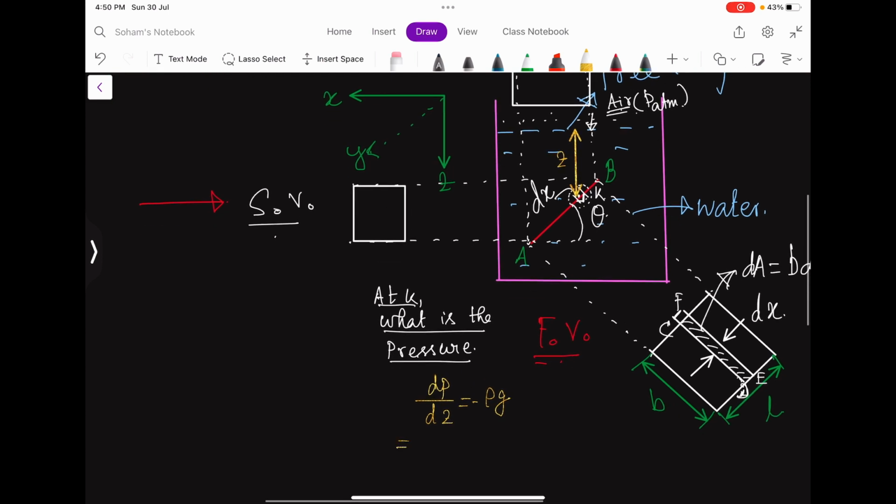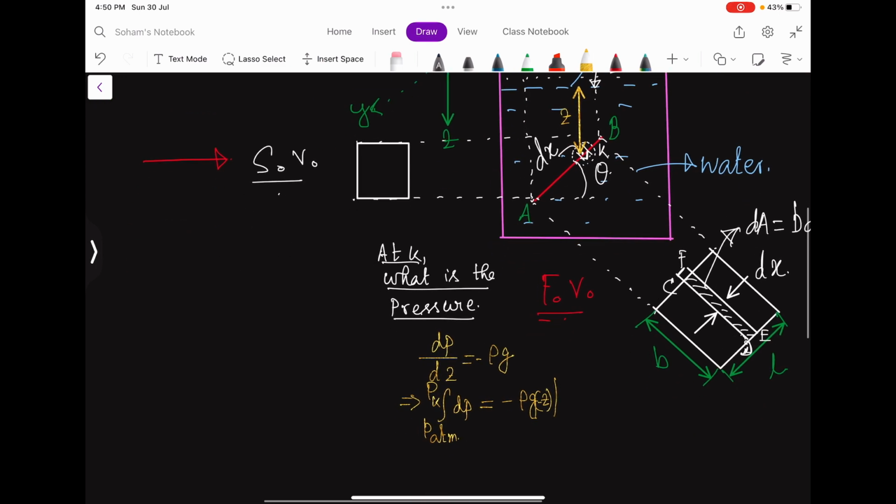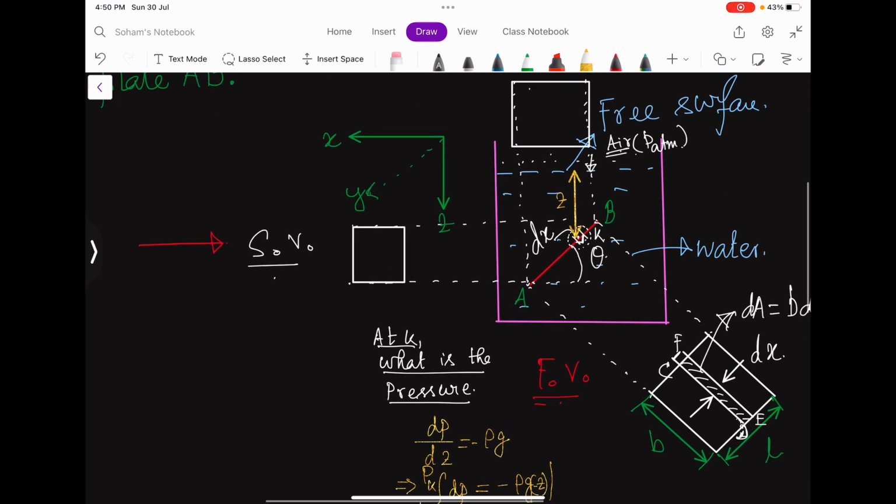So then if I have to find the pressure at K, then it will be P atm, and the pressure P at K equals minus rho gz after integrating, and this will actually be minus z, because in the bottom side the z is negative. In the bottom side, z is actually the coordinate system that I have taken.